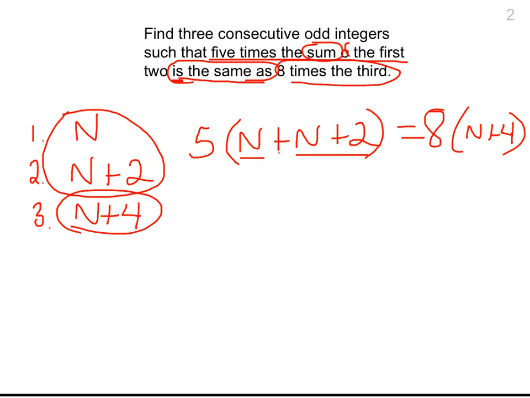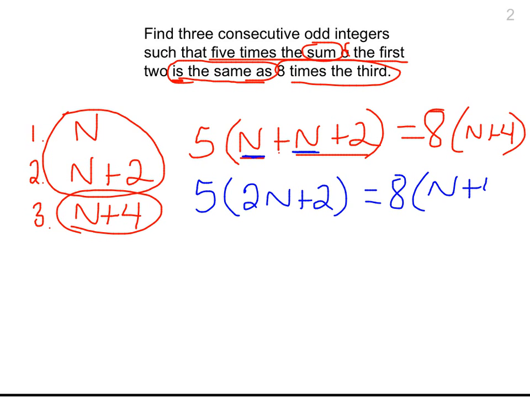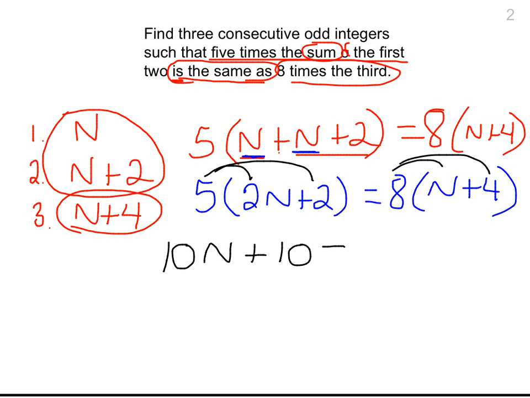So let's do some combining like terms right here. And we get 5 times 2n plus 2, and then 8 times n plus 4. And now we'll distribute here, here, and then on this side as well. So we'll get 5 times 2n is 10n, 5 times 2 is 10, 8 times n, 8n, and then 8 times 4 is 32.